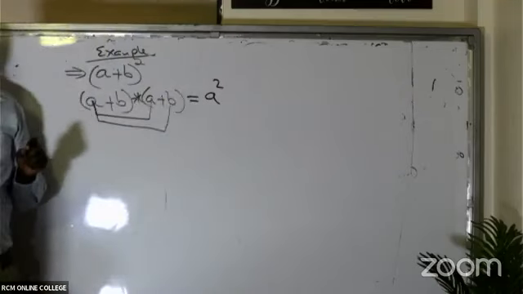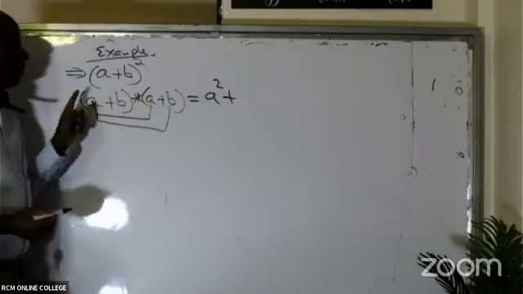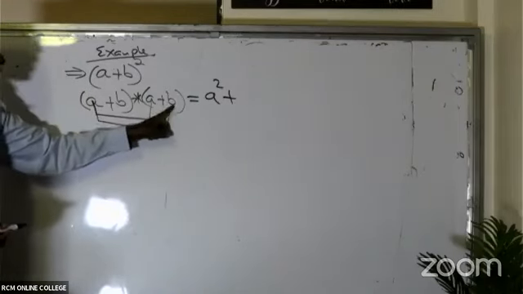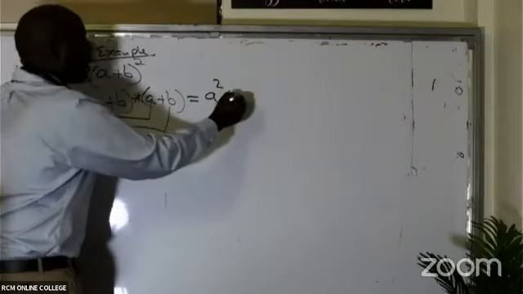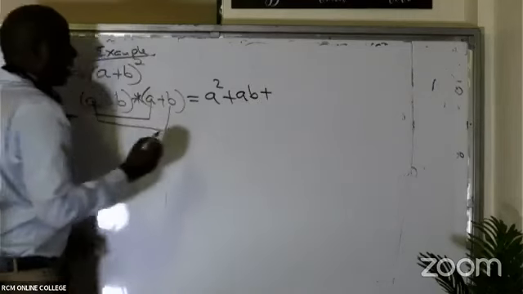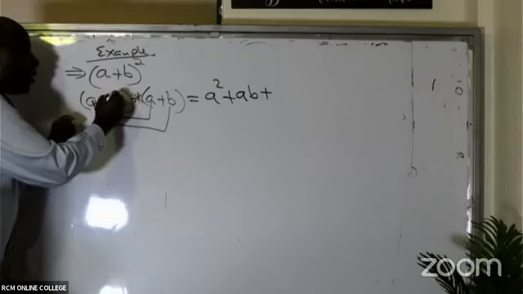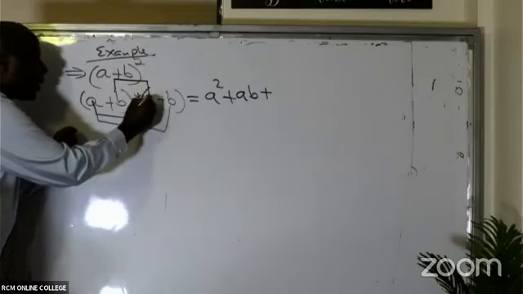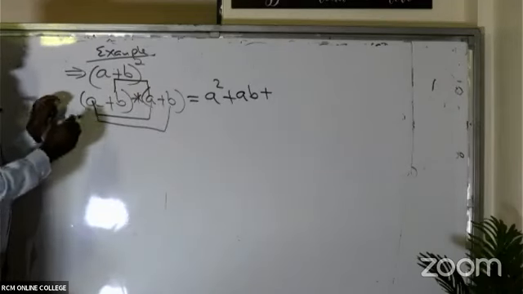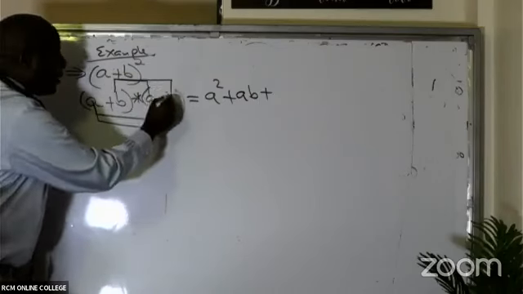Plus, a with b gives me ab. You say plus again. Now listen. This b is going as well to multiply the first element there, and it will proceed to multiply the second element there.